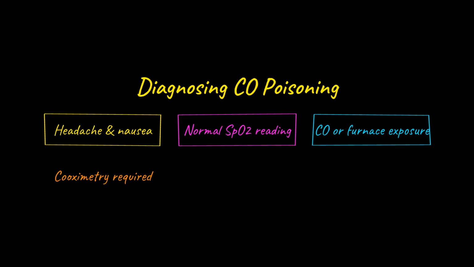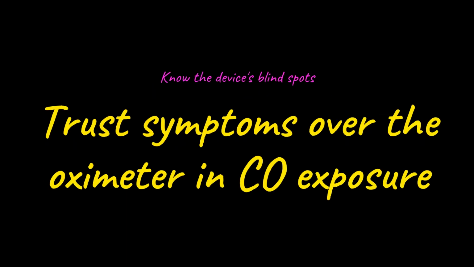Arterial blood gas with carboximetry is the only bedside test that directly measures carboxyhemoglobin saturation. The pulse oximeter is an essential tool, but it cannot distinguish carboxyhemoglobin from oxyhemoglobin. When exposure history and symptoms point to carbon monoxide, the normal reading on the screen is part of the danger, not reassurance.